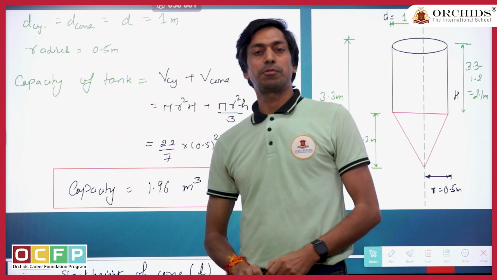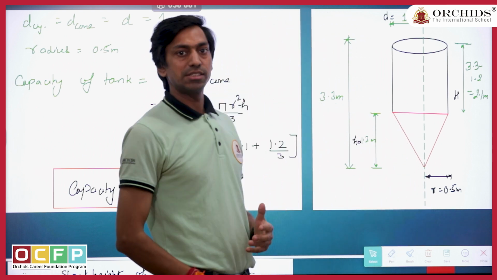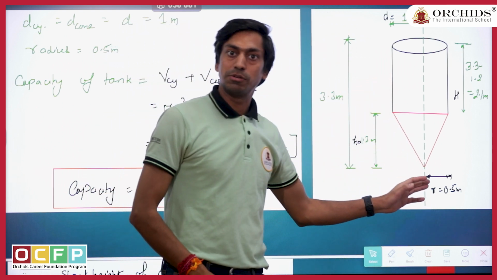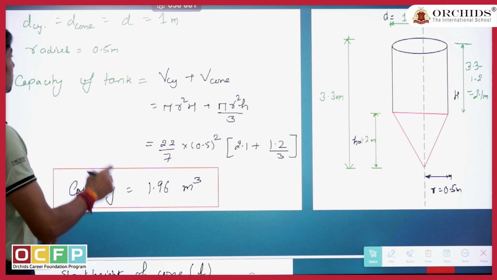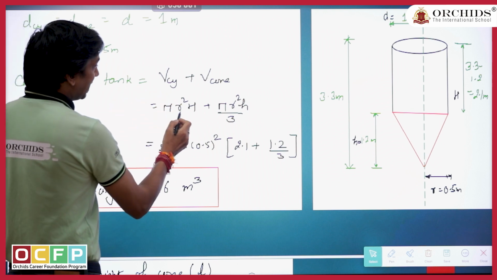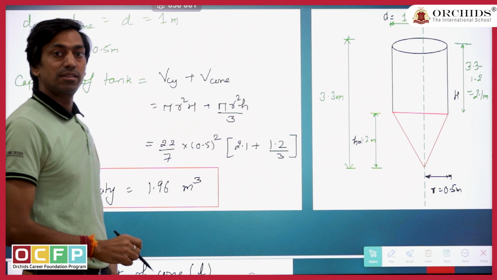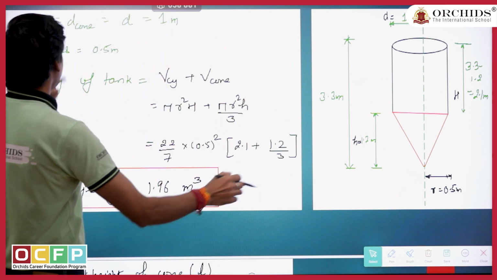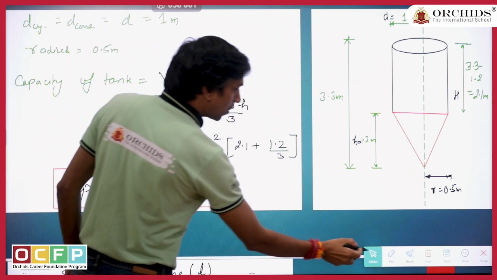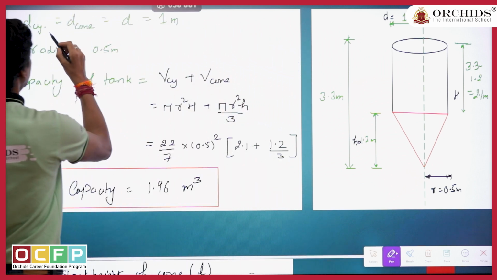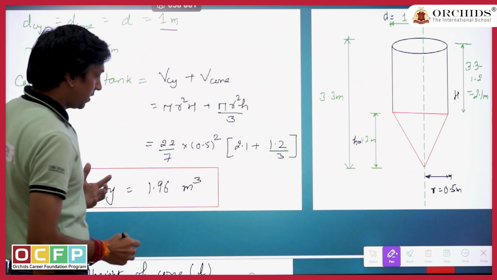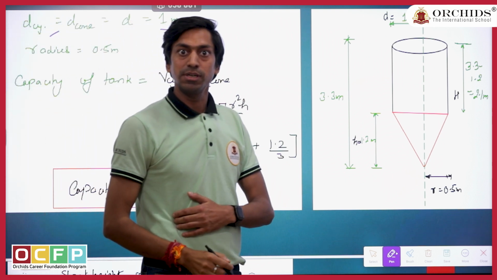In this question we have to find out the capacity of this vessel, which is equal to the volume of the cylinder plus the volume of the cone. So the total capacity is pi r square h plus pi by 3 r square h. The diameter of the cylinder is already given equal to the diameter of the cone, which is 1 meter, and half of that is the radius, 0.5 meter.